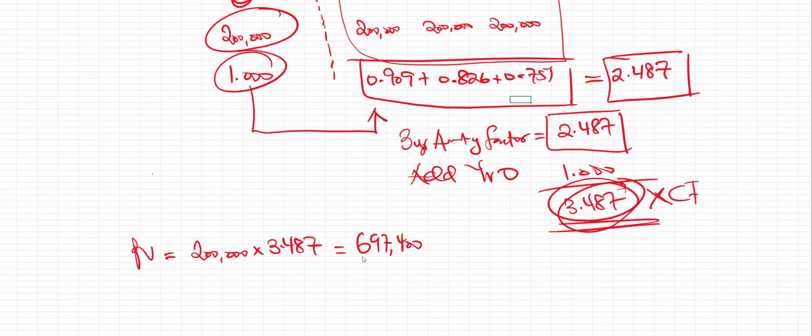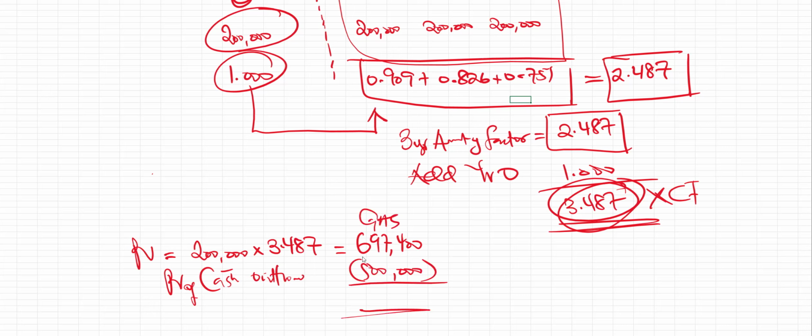Then we compare to the present value of the cash outflow. That's how much we invested, which was 500,000, obviously. So we have 500,000 against 697,400. Is it good or is it bad? It's good. By how much? 197,400.